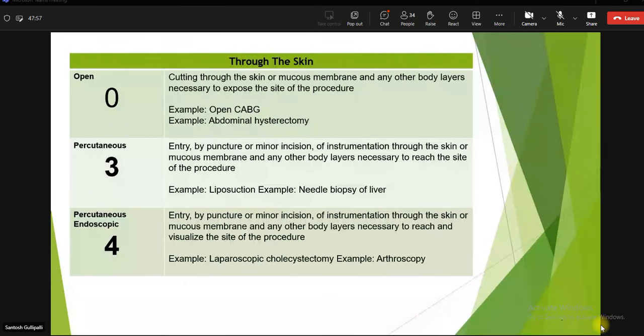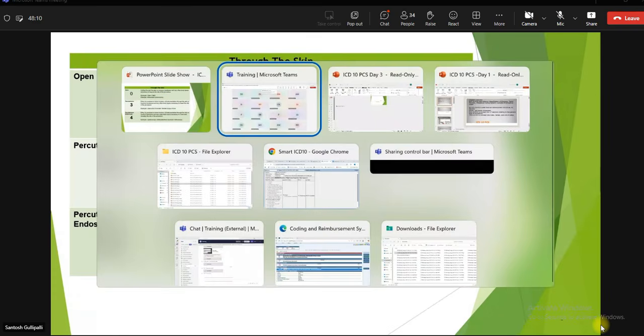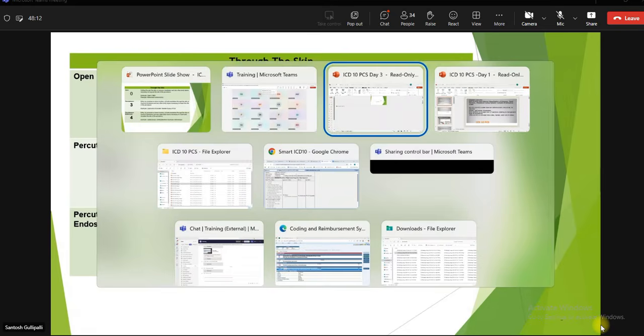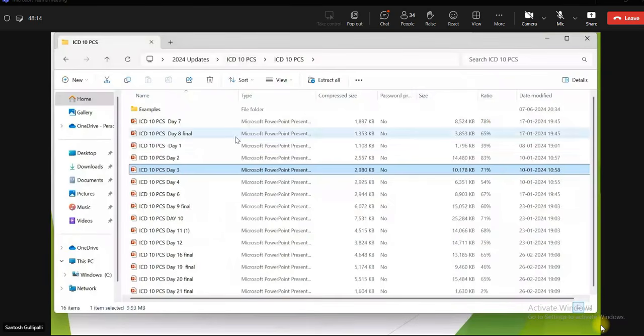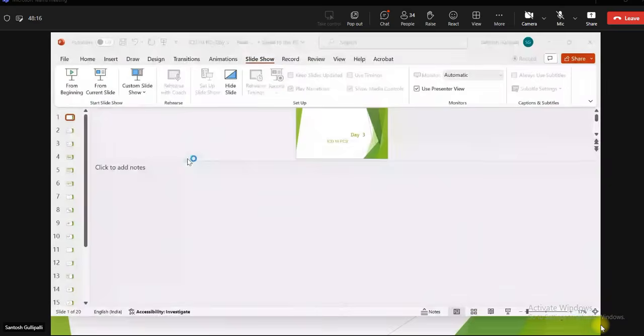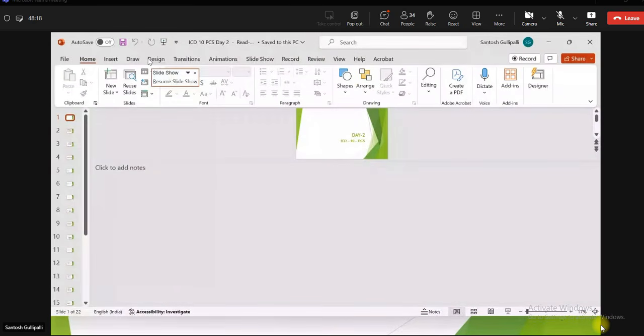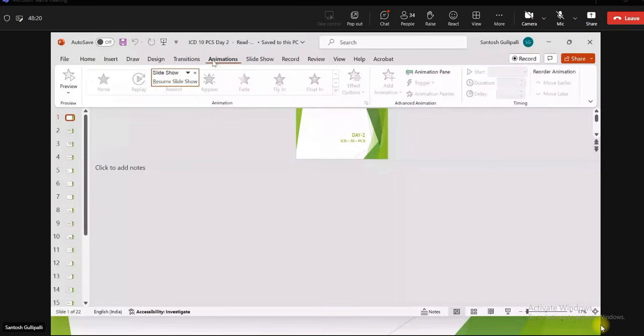So the first character value is 0. The second character, the body system: appendix, what is the body system for appendix? Digestive system. Good.